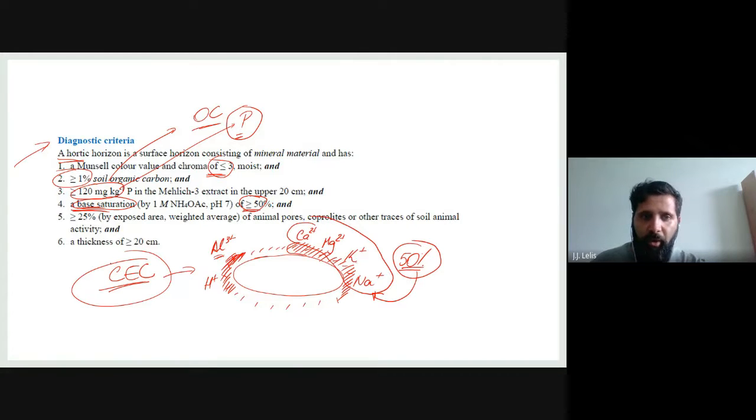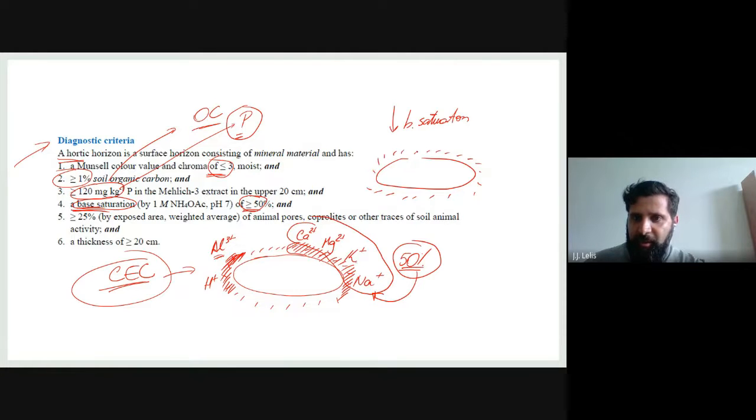If I have a low base saturation, it means that I present several negative charges, but just a few of them neutralize nutrients, and the majority of them neutralize hydrogen and aluminum.